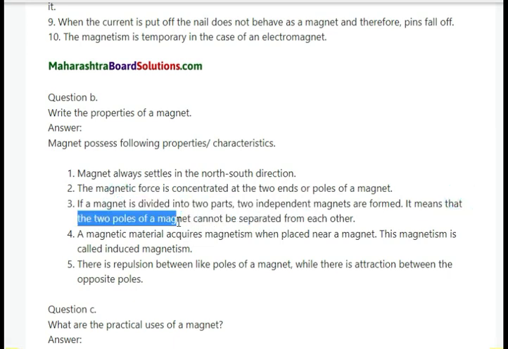It means the poles of a magnet cannot be separated from each other. A magnetic material acquires magnetism when placed near a magnet. This magnetism is called induced magnetism. There is repulsion between like poles of a magnet while there is attraction between the opposite poles.